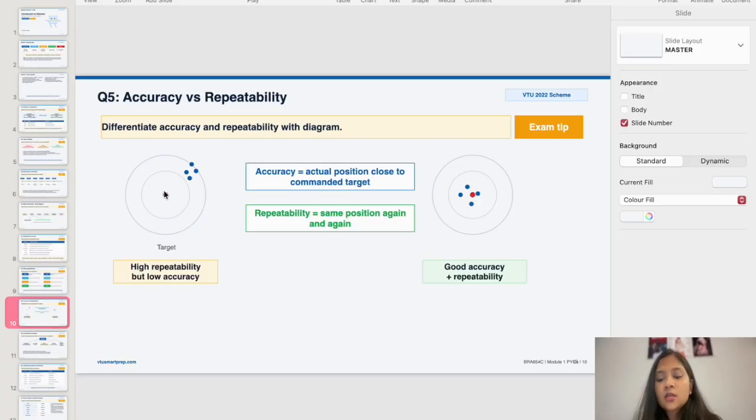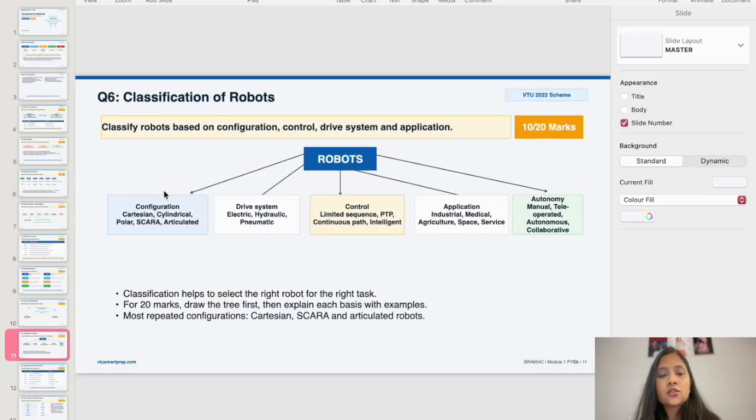Okay, so next question is classification of robots. Now let us discuss the classification of robots. Robots can be classified based on configuration, drive system, control system, applications, and autonomy. Based on configuration, robots are Cartesian, cylindrical, polar, SCARA, articulated, and delta robots.